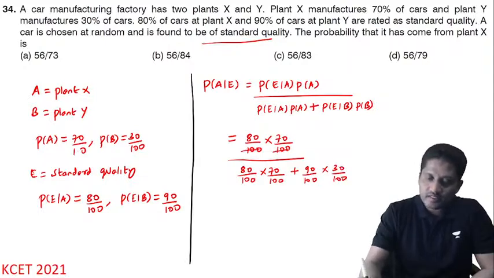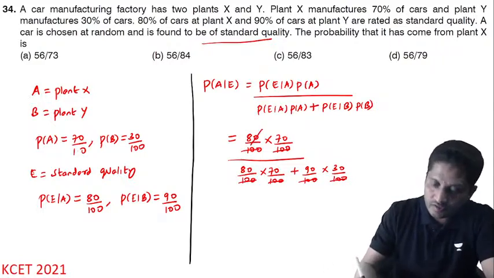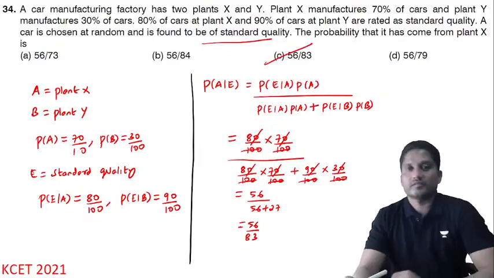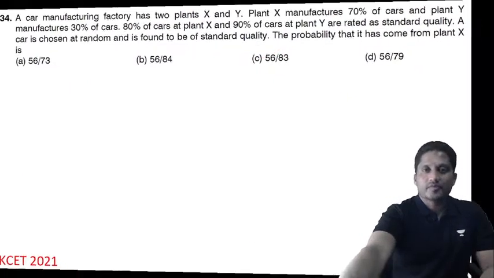This will cancel, and cancel the zeros as well. Cancel all the zeros. Left out is 7 times 8, which is 56. This is equal to 56 plus 27, so 56 divided by 83. Answer is option C. Right, let's move to the next question.